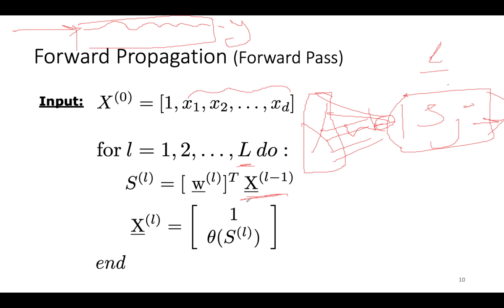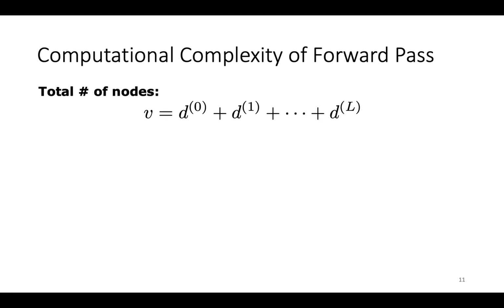All right. So let's see the computational complexity of a forward pass. You can easily see from the high-level model that I showed you that the total number of nodes, right, you're going to have from d0 up to dL in each of the layers.